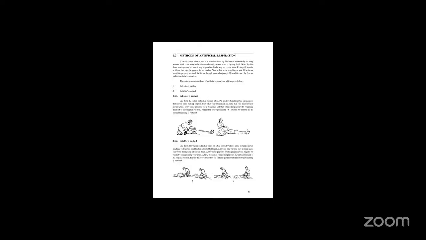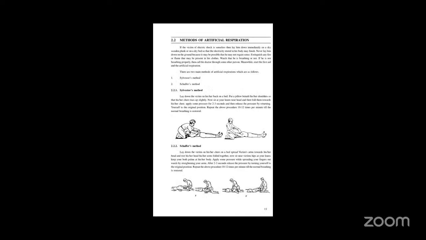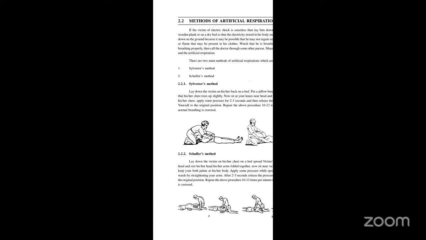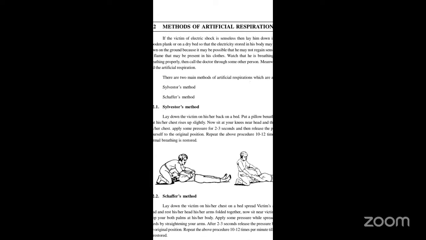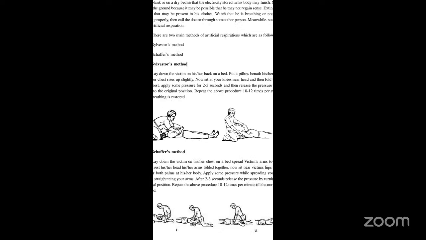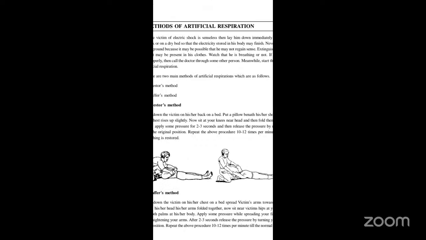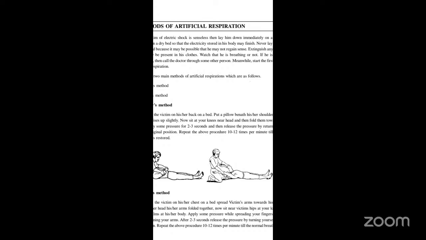Next, what are the required methods of artificial respiration? If the victim of electric shock is senseless, lay him down immediately on a dry wooden plank or a dry bed so that the electricity stored in his body may finish.